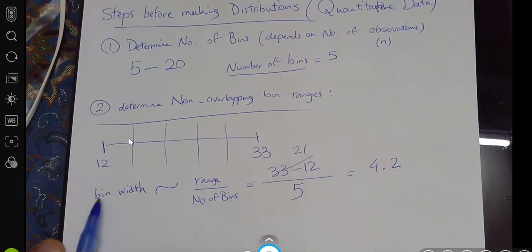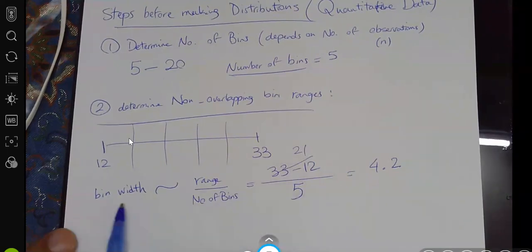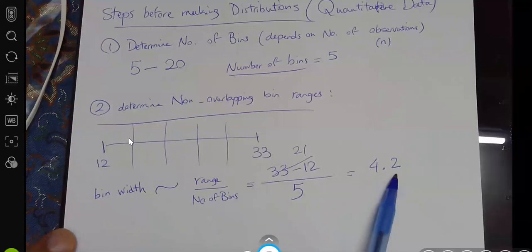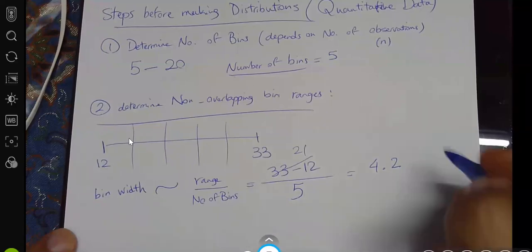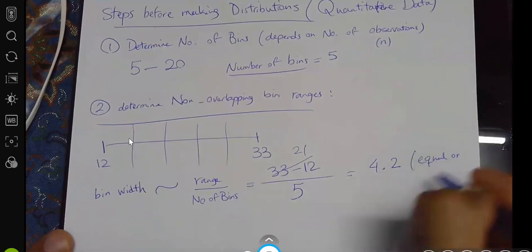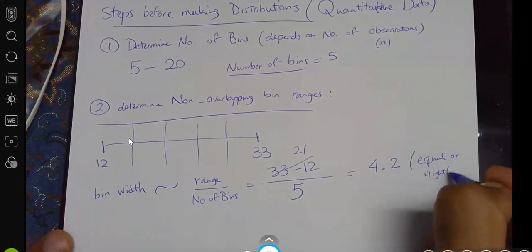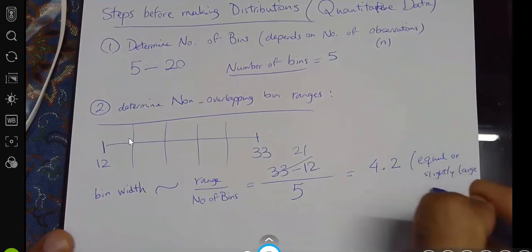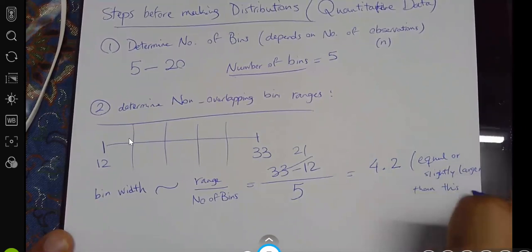Bin width cannot be lower than this. Bin width can be equal or slightly larger than this. This is acceptable.